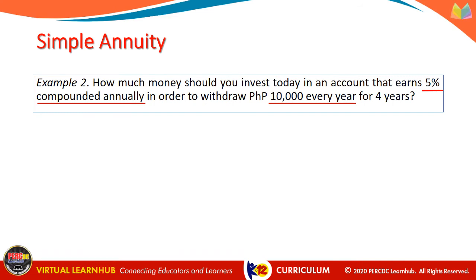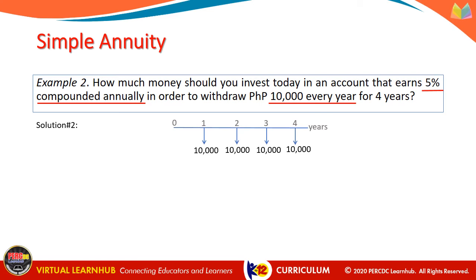Let us try solving example number 2 again, but this time with a different solution. Okay? Solution number 2. Let's just show this cash flow diagram again. This can serve as our guide in our solution.